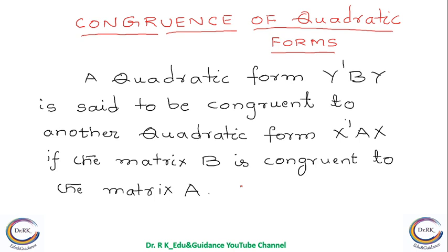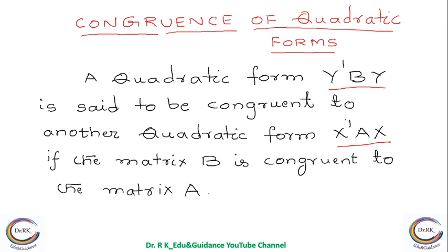Now, what about the congruence relation or congruence of quadratic forms? Suppose we have two quadratic forms, one is y transpose By, the other one is x transpose Ax. Right?